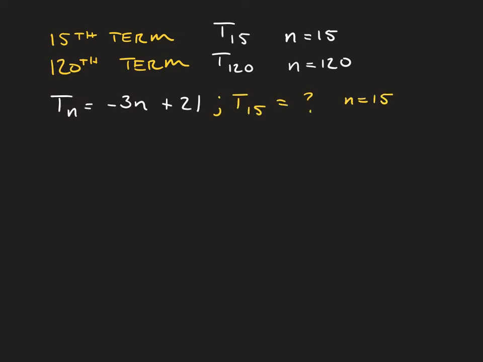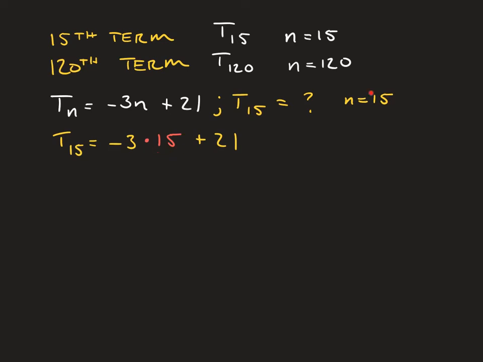In the first substitution, we really just need to add in n is equal to 15, right here next to the minus 3, and we're going to determine then what T15 is equal to. So now we substitute in, it's very, very basic stuff. Just be really careful with your integers and use your calculator where you need to.